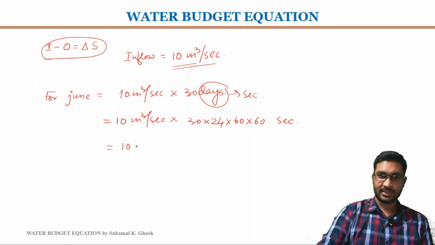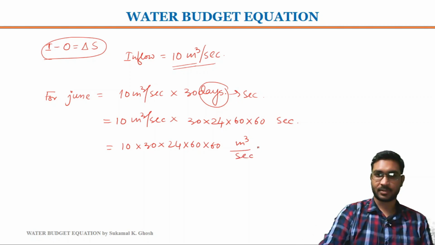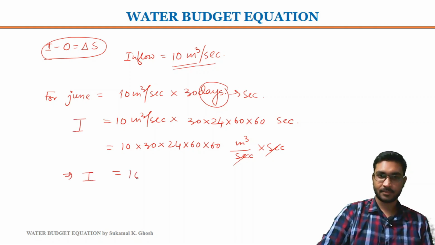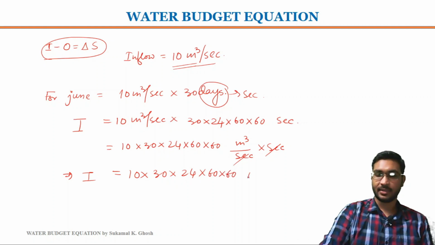So 10 into 30 into 24 into 60 into 60 meter cube per second into second. The second and second will vanish. So ultimately for the month of June, the value of I will be 10 into 30 into 24 into 60 into 60 meter cube.